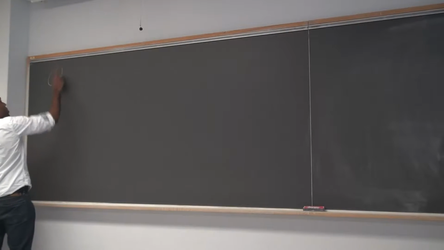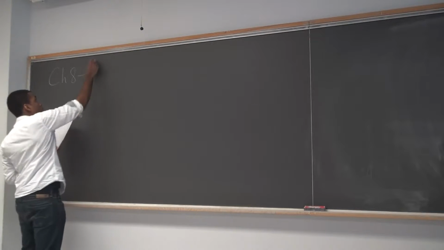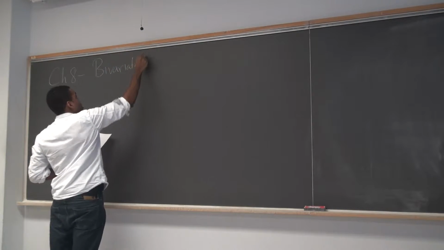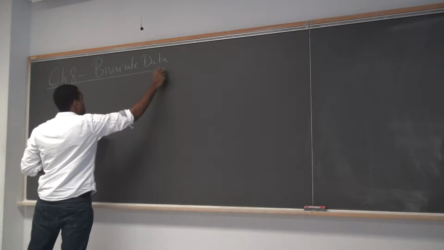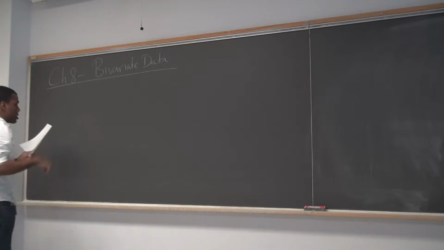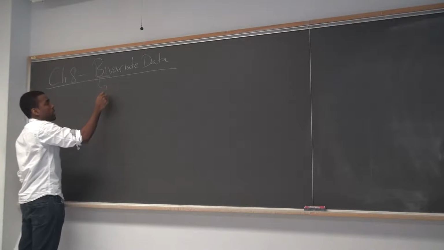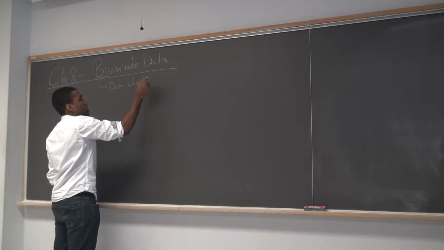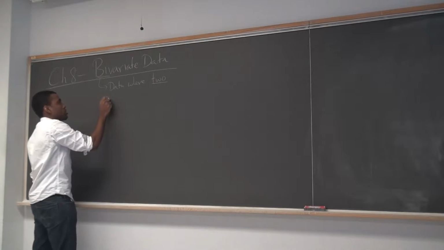So today we're going to move on to chapter 8, where we're going to talk about bivariate data. As the word bi suggests, we're looking at data where two measurements are taken for each observation.